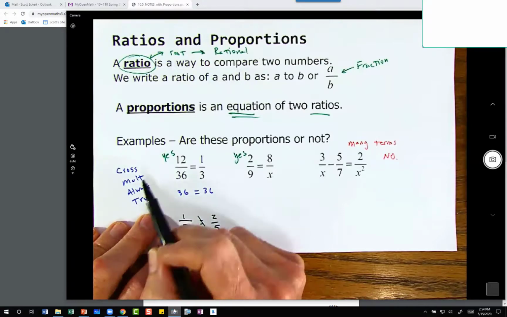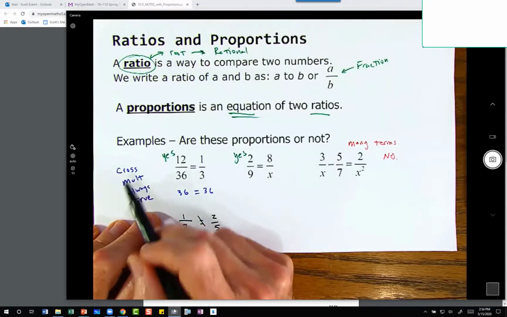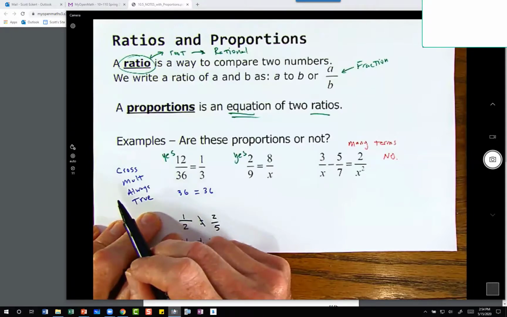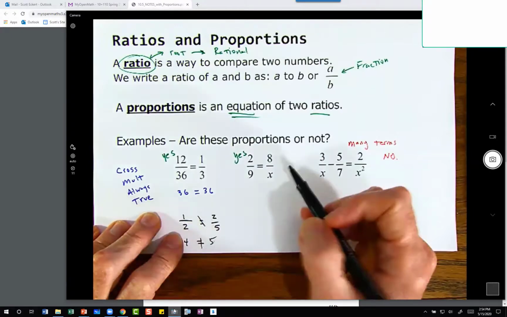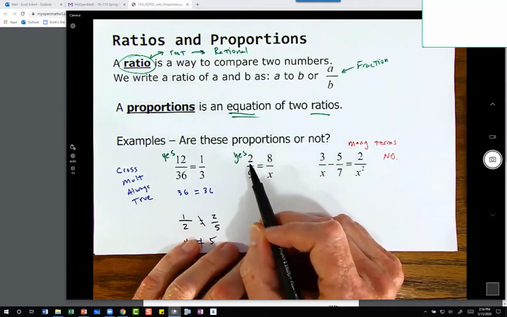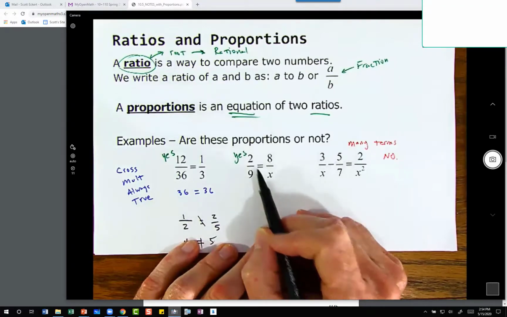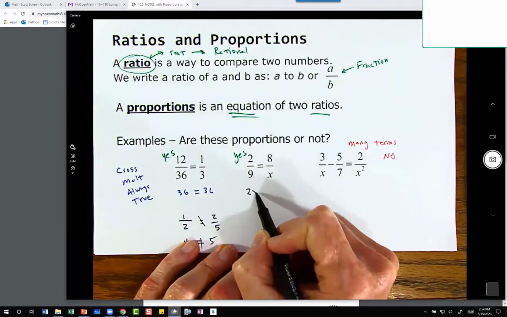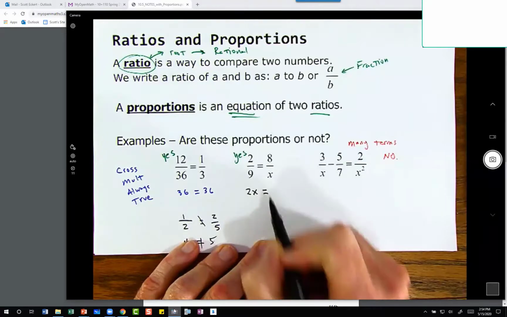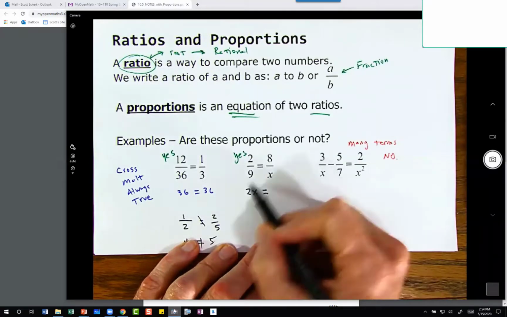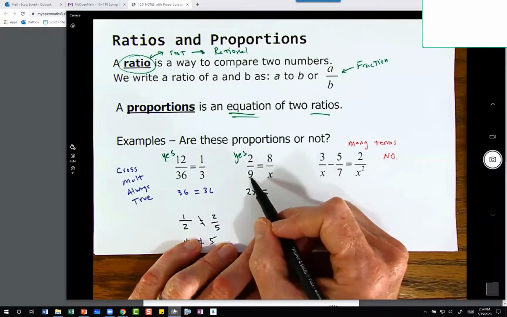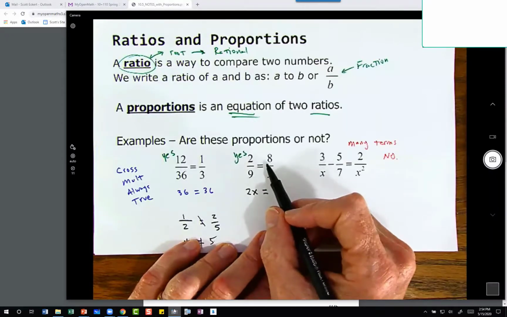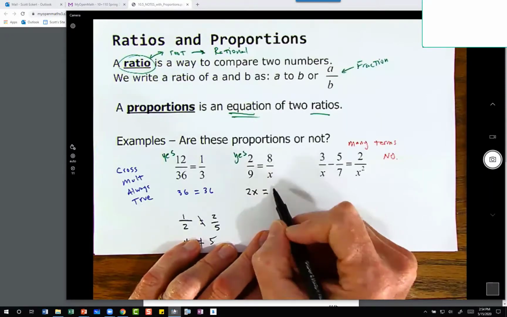Now we can use this cross multiplying as our shortcut for solving proportions. So on this problem, I can cross multiply 2 times x equals, in the middle, cross multiply the other side, 9 times 8, 72.